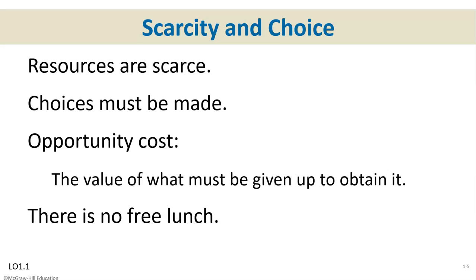So someone paid for you to have that free lunch, or they gave you the free lunch instead of producing a product that they actually could have sold. So there's some foregone income there that they could have received, but instead they're providing this product to you for free. So there's always going to be an opportunity cost, even if there's not an explicit cost.